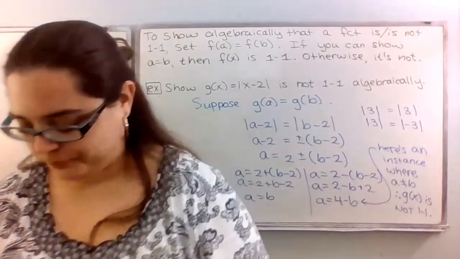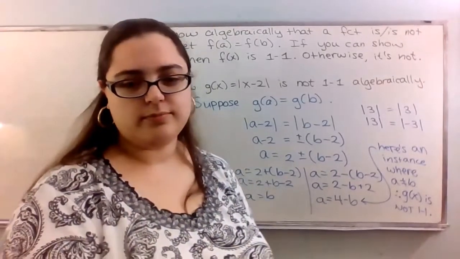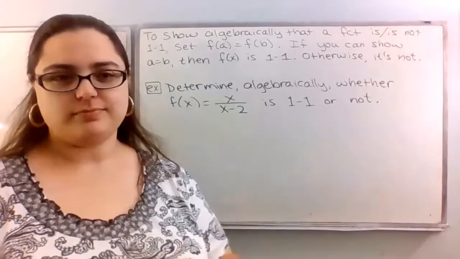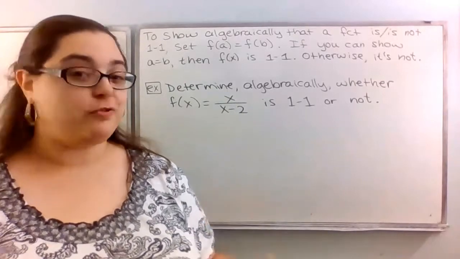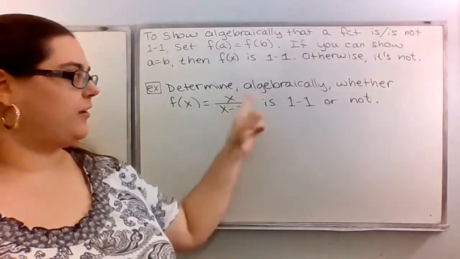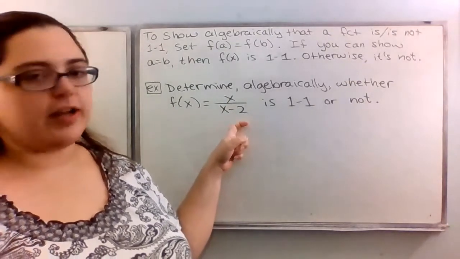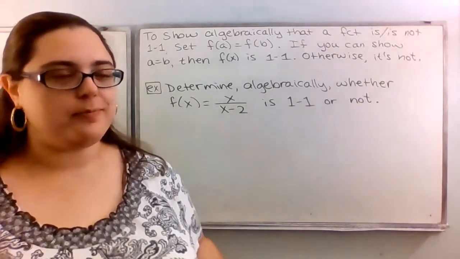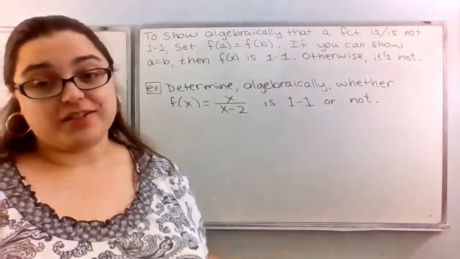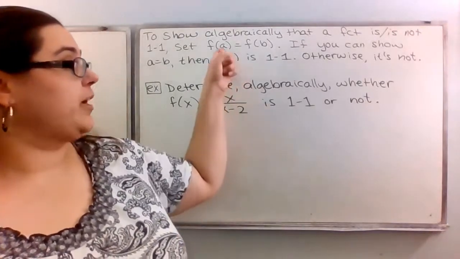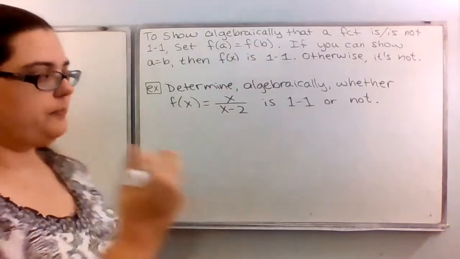Let's try this one out. Alrighty, for this example, we're going to determine algebraically whether or not f of x equals x over x minus 2 is one-to-one. So to figure this out, we're going to start out by assuming f of a equals f of b.